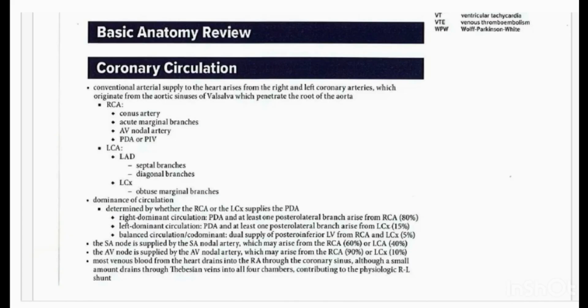About 15% of the population has a left dominant circulation, where this vessel arises from the left circumflex instead. The remaining 5% have a balanced or codominant circulation, where the RCA and left circumflex share the job of supplying the posterior inferior left ventricle.